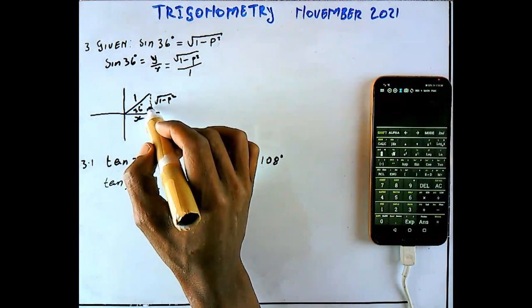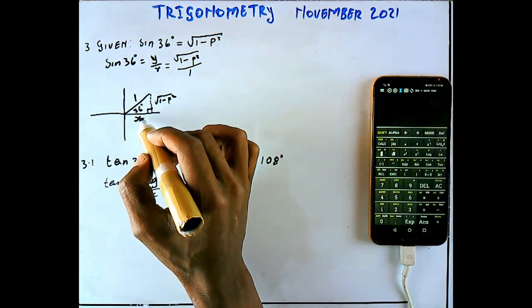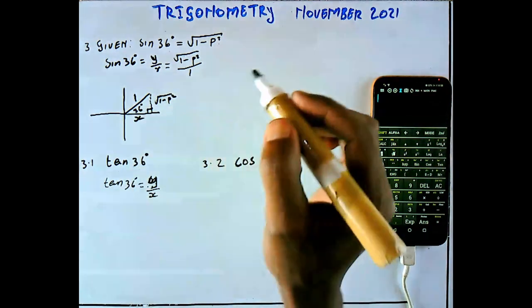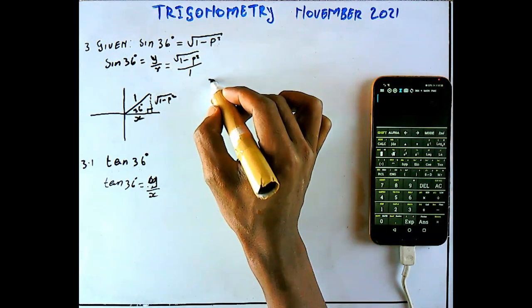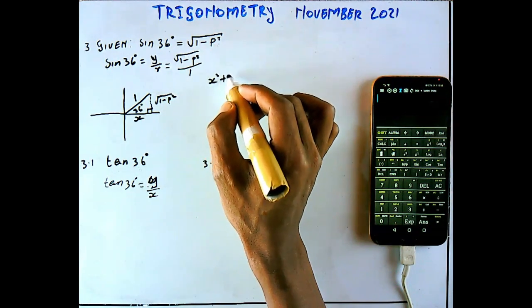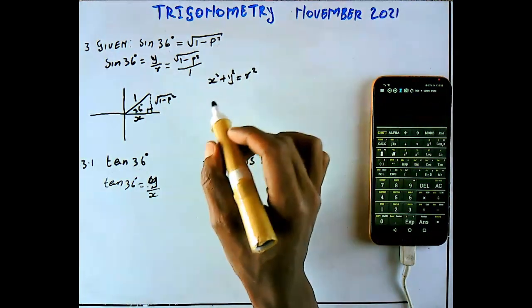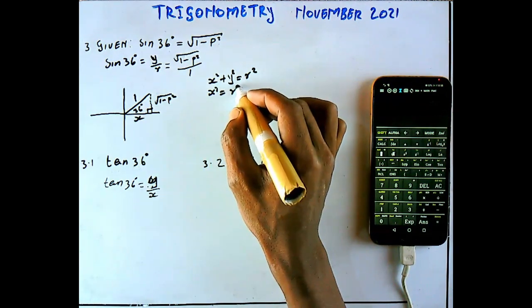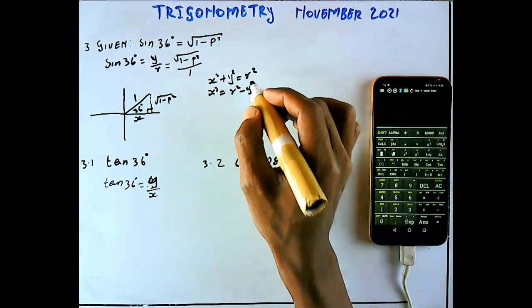So because this is a right angle triangle, we can use theorem of Pythagoras to find the value of x. Theorem of Pythagoras is x squared plus y squared equals r squared. And then x squared equals r squared minus y squared.